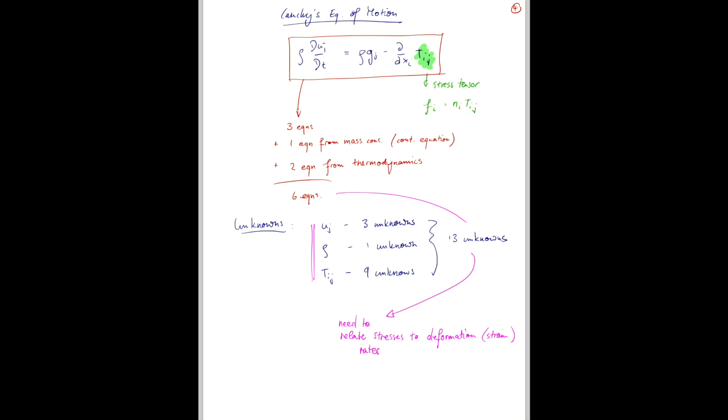And that will eliminate some of the unknowns associated with the stress tensor, because the strain rates, if you remember, are just typically functions like du_i/dx_j. So if we can replace the tau_ij by something that's just in terms of u, then we're eliminating some of the unknowns. And the way we relate stresses to strain rates is using a constitutive equation. And that's going to be our next chapter.